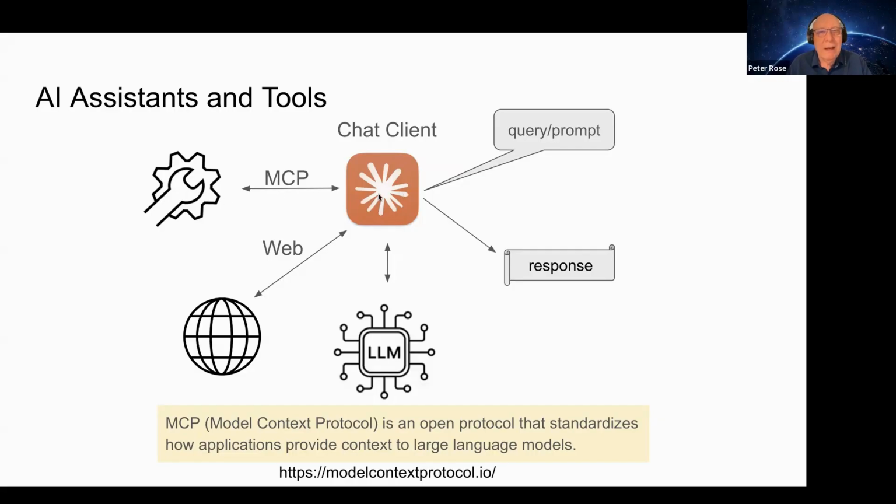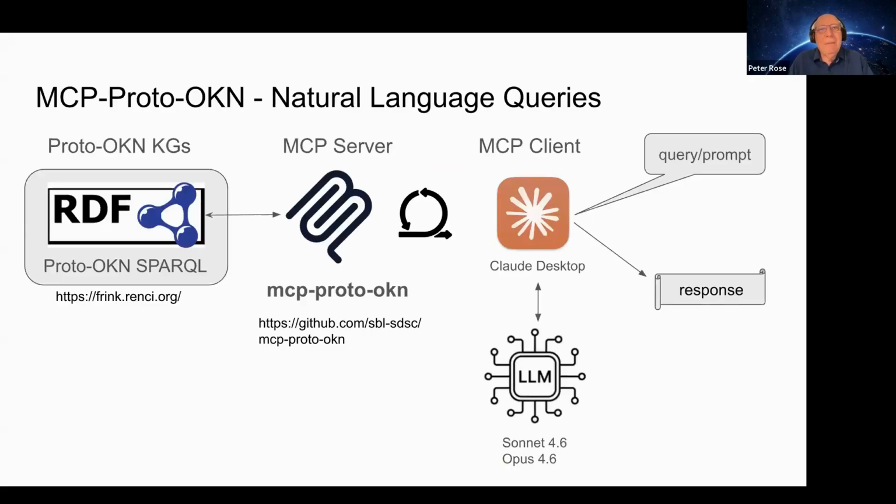The LLM is able to run specific tools through a protocol called MCP, Model Context Protocol. That's an open standardized protocol that basically tells a chat client how to get context from various applications or knowledge graphs.